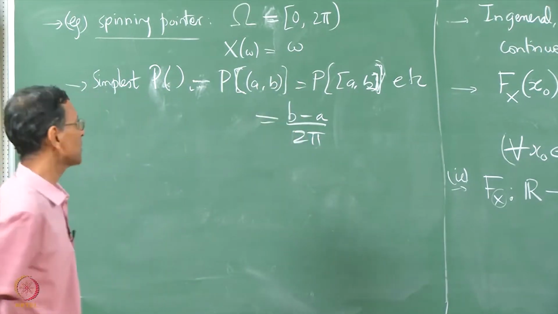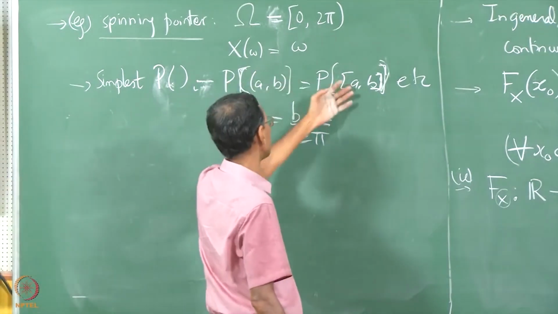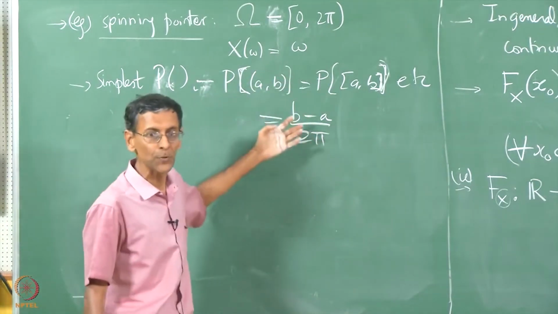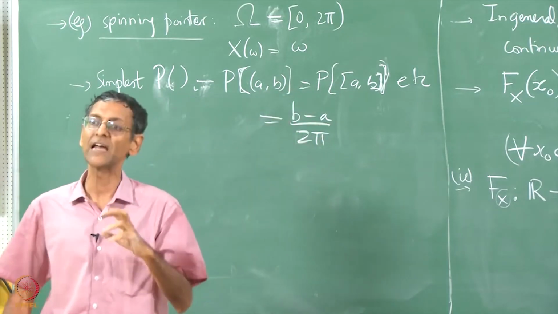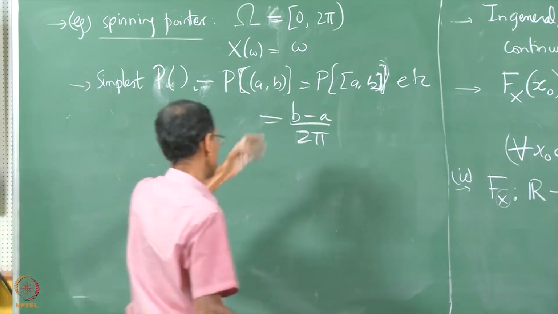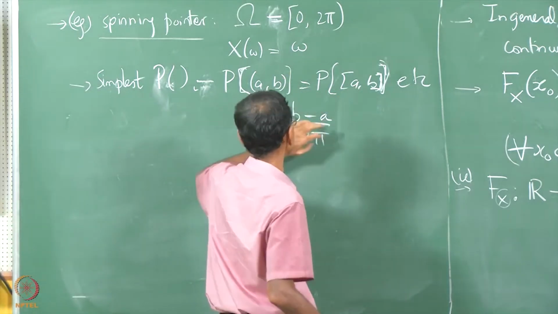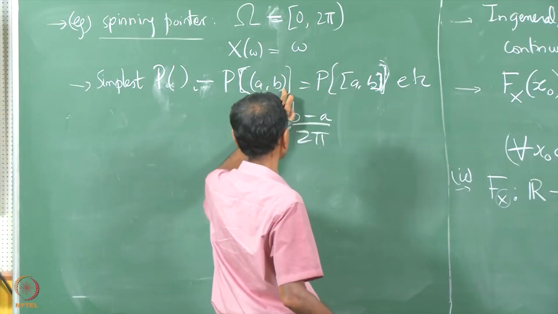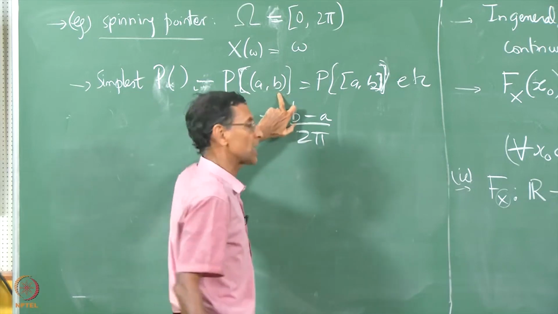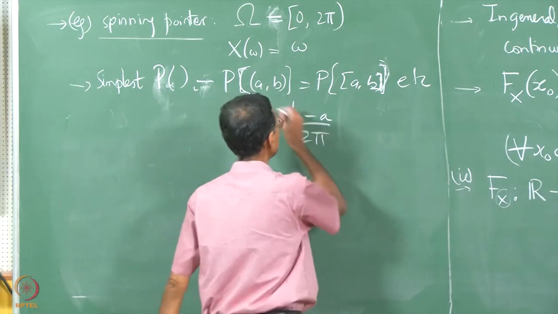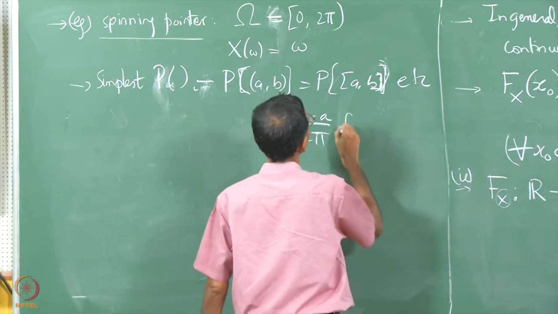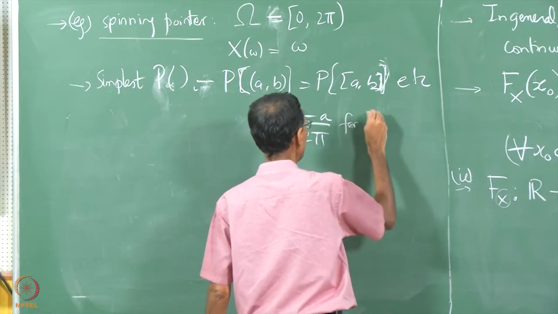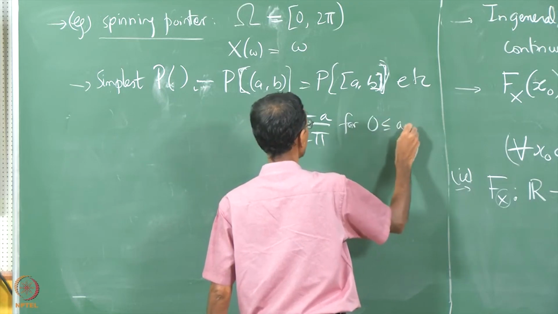Here we are actually assigning a probability directly based on the interval length, which is b minus a. We are not using the CDF as such. I mean, we are being more general than the CDF. In the CDF we would go from minus infinity to x naught, but I am doing it more generally now for two points a and b. Of course, I am going to assume that a and b are between 0 and 2 pi.